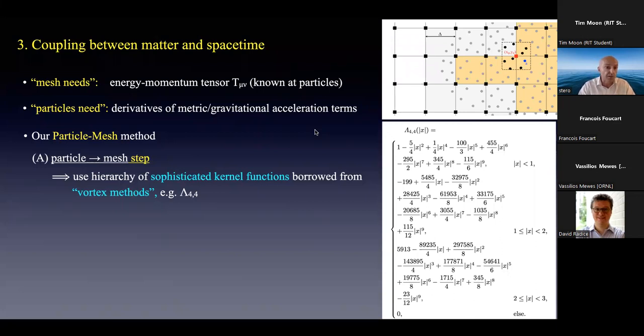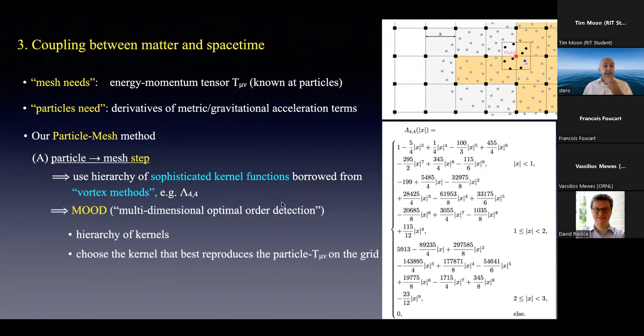And here I've borrowed essentially some very sophisticated kernel functions that come from so-called vortex methods, which are an interesting concept in applied mathematics. And we have a hierarchy of different such kernels. And the important part here is, of course, that these kernels are not positive definite.